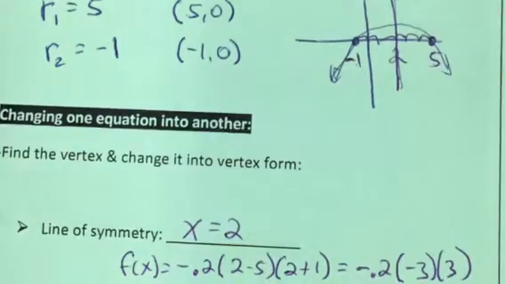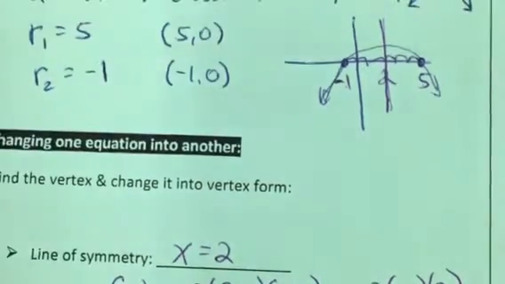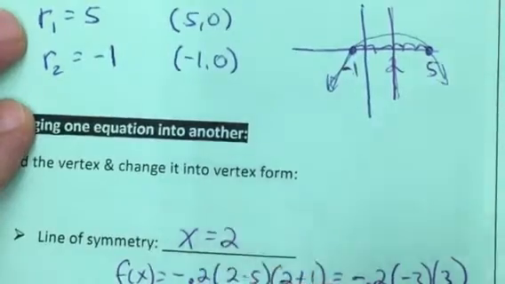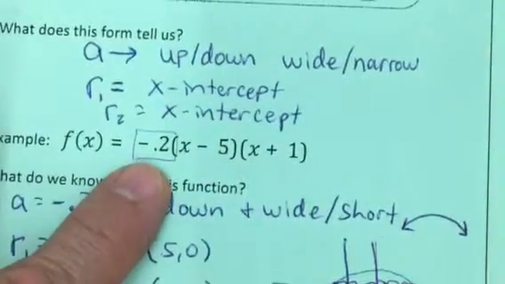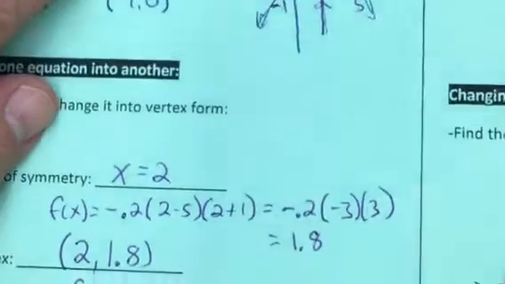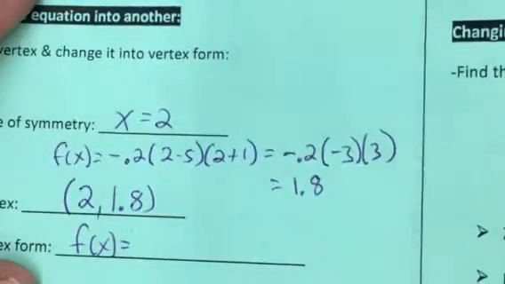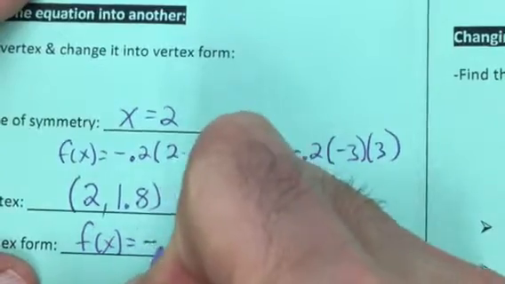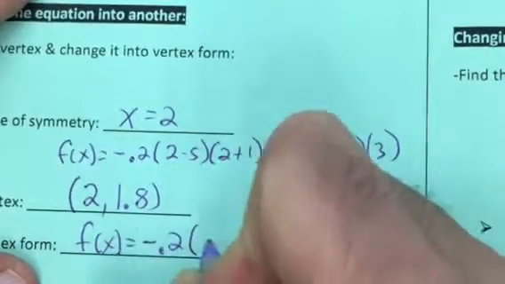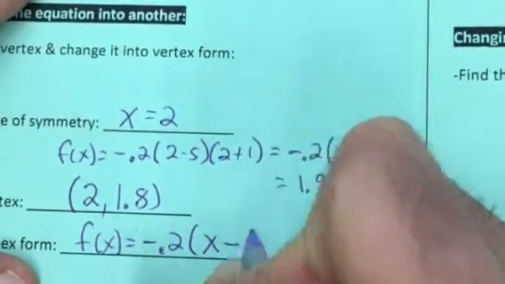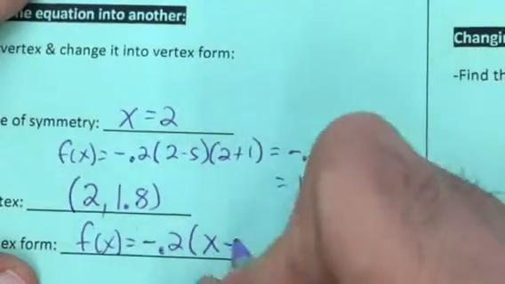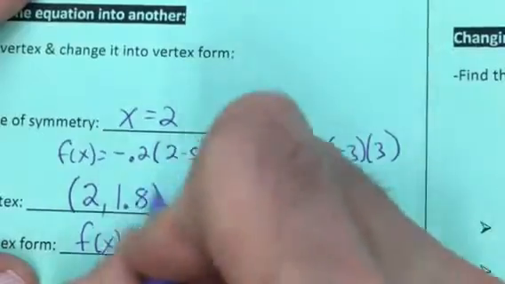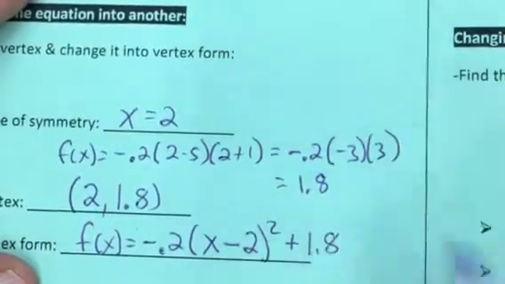2 and the y value. So vertex form, f of x equals, a doesn't change, negative 0.2 times x minus 2 squared plus my y value, 1.8.